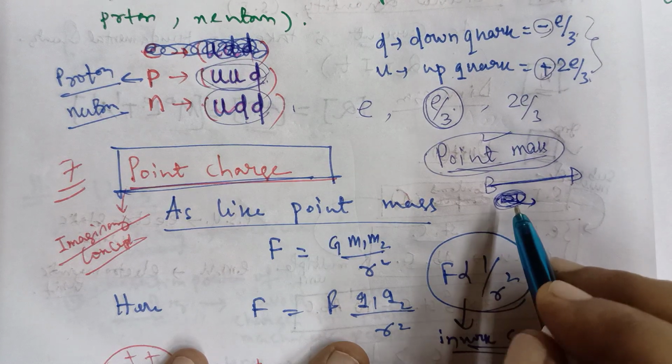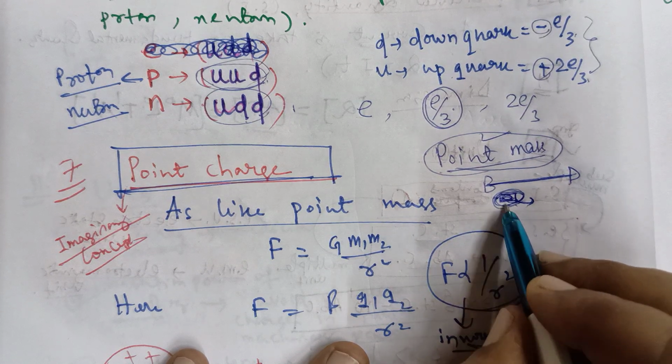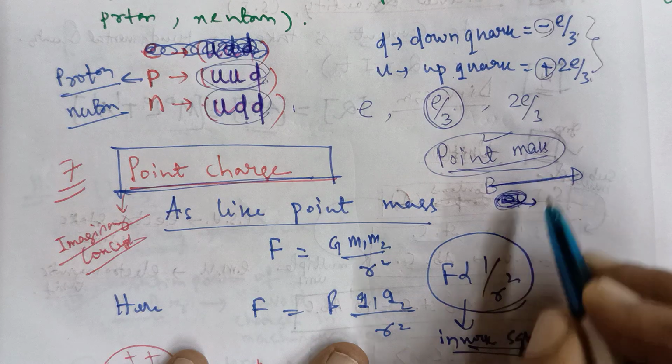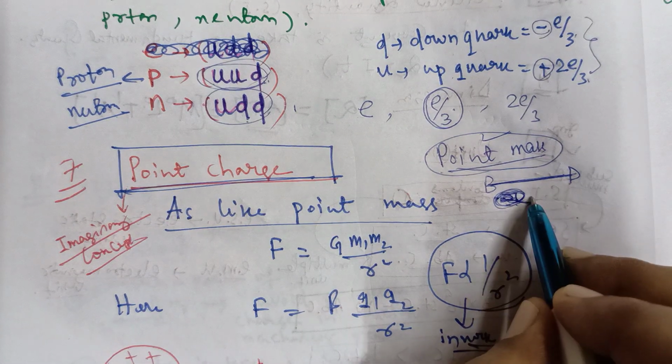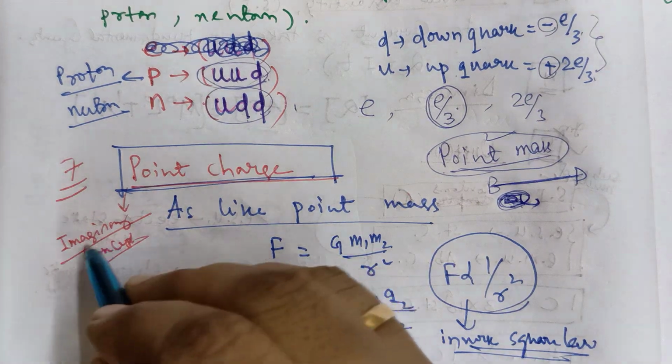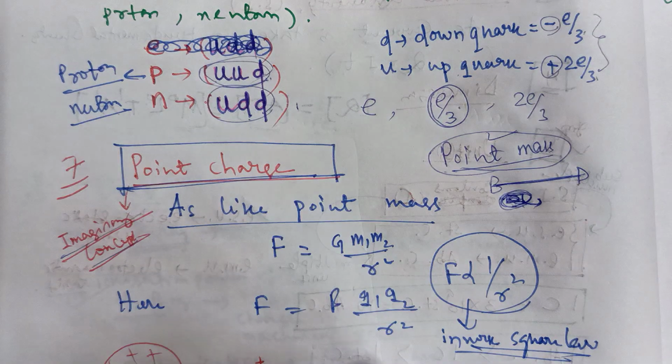Similarly, when a charged body is very much smaller in comparison to a standard distance, then you say that it is a point charge. Actually, it is an imaginary concept. Point charge and point mass are concepts for mathematics only.